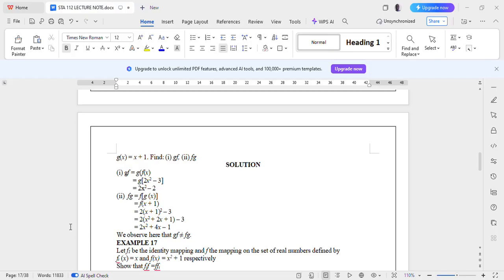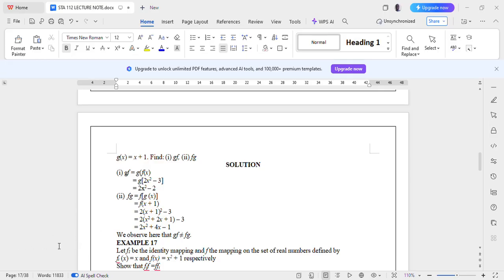Expand the (x squared plus 1), sorry, (x plus 1) squared, and that gives us x squared plus 2x plus 1. Then multiply it by 2. Don't forget the minus 3 stands alone. Then after that, simplify everything.